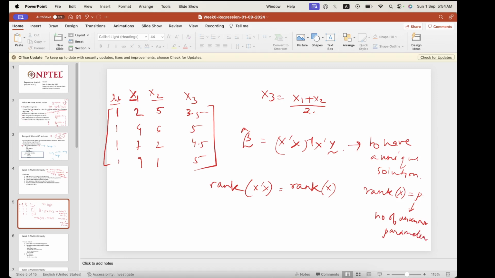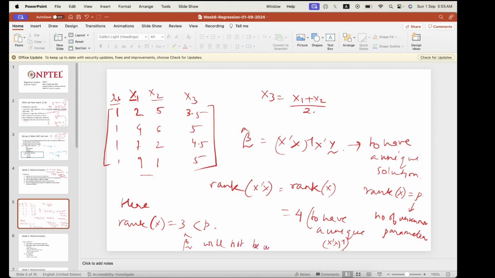In this case it should be equal to 4 to have a unique (X prime X) inverse. But here, since we have this linear dependency, rank of X will be 3, which is less than p. So beta hat will not be unique.